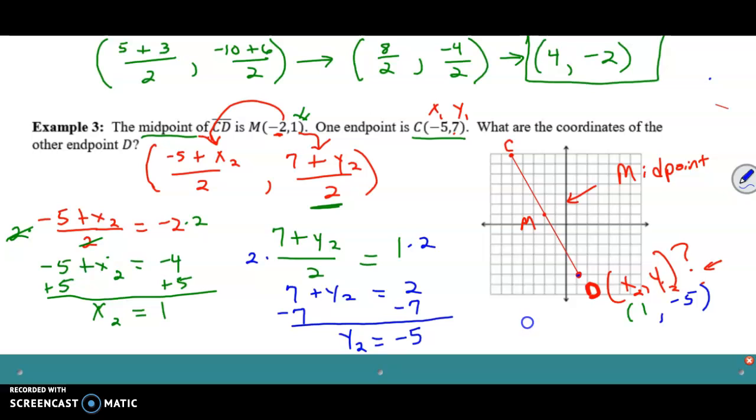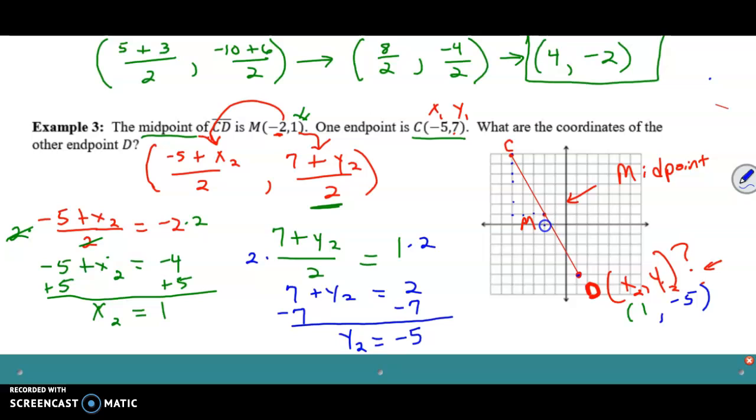Now, let me let you in on a little secret. If you have a problem like this, you can always just count. If you go from C to the midpoint, you have to go down 1, 2, 3, 4, 5, 6 squares and right 1, 2, 3 squares. So the other endpoint is going to be that same distance away.